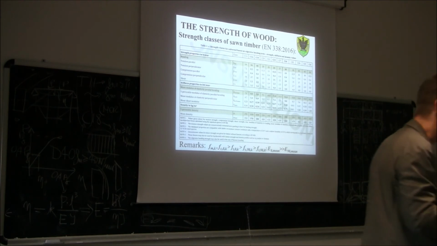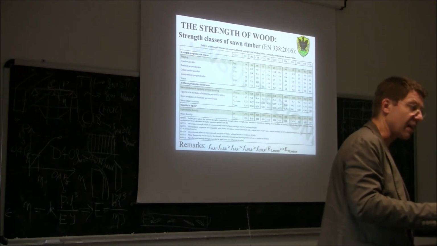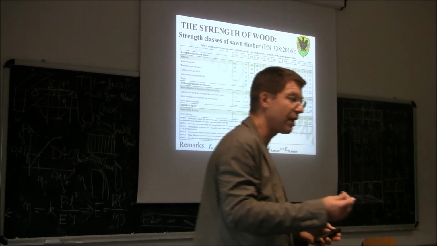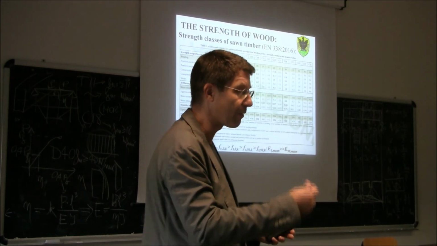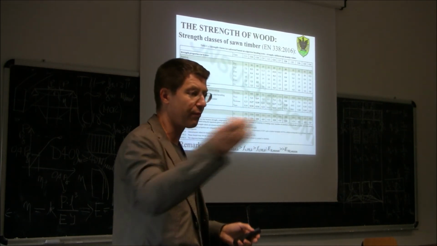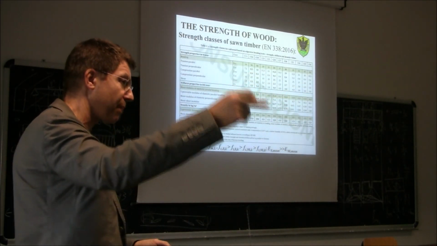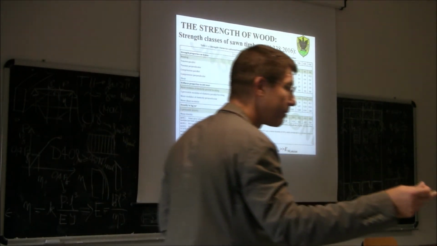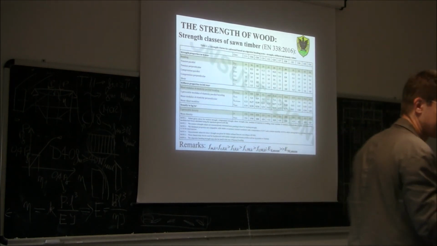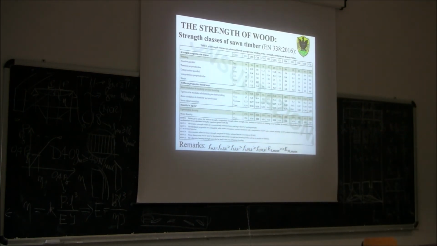If it's needed, since this is an ultimate limit state, which value of modulus of elasticity will we have to put into our Euler formula? You remember the Euler formula? E I pi squared divided by L squared. Since this is needed for ultimate limit states, we have to use the characteristic value of the modulus of elasticity.